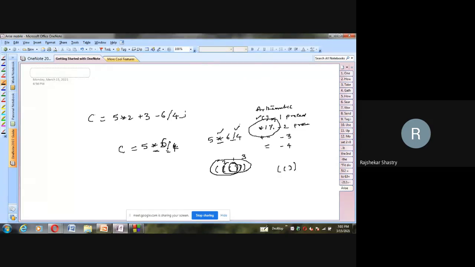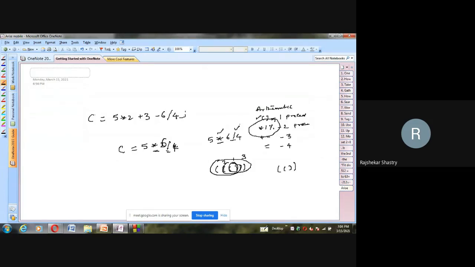The associativity is of two types. Whether the expression has to be evaluated from left to right, or expression means the operators. Whether the operators are to be evaluated from left to right, or they have to be evaluated from right to left. So this left to right evaluation or right to left evaluation is called associativity.